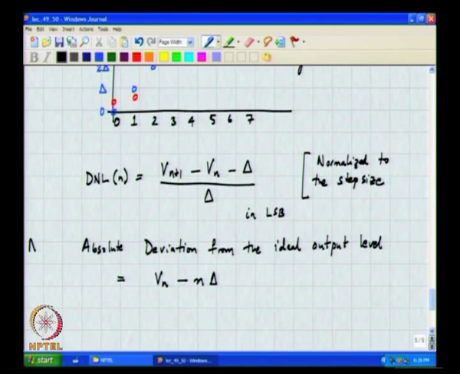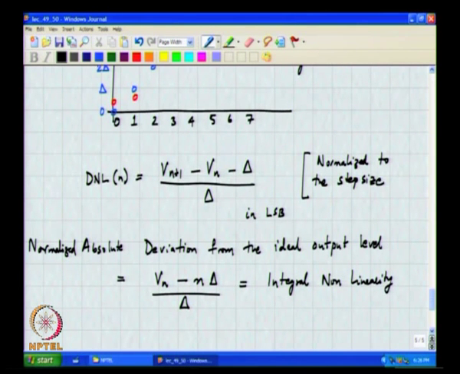So, you normalize this, and this is called the integral nonlinearity or INL of n.